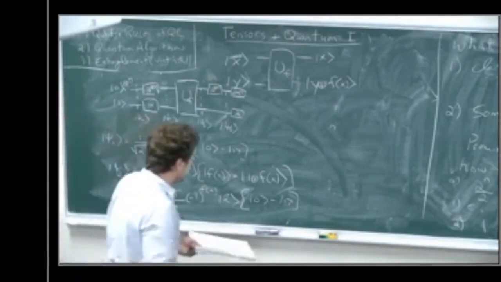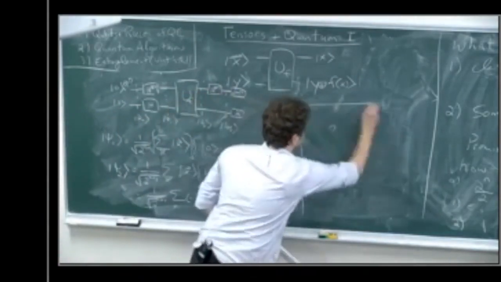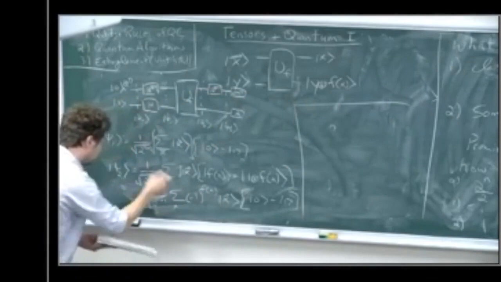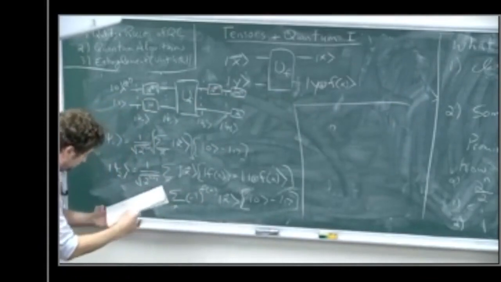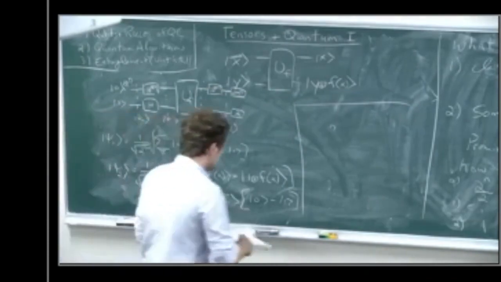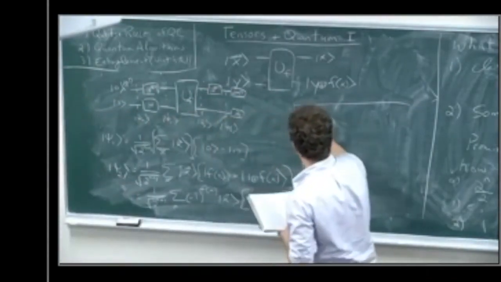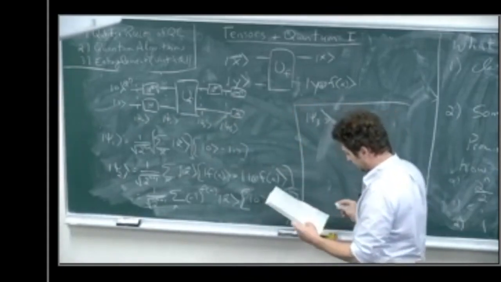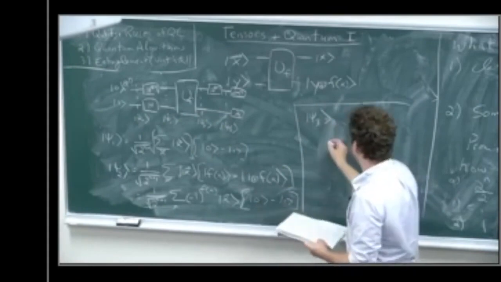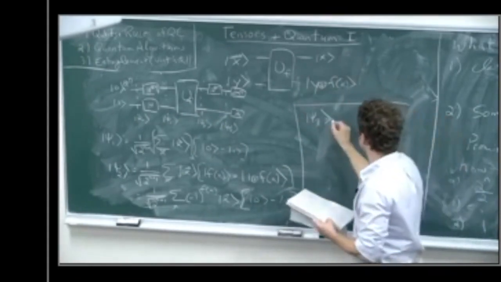So now when you apply the Hadamard one more time to all of these qubits at the top, what happens? Well, you get another factor of 1 over 2 to the n.